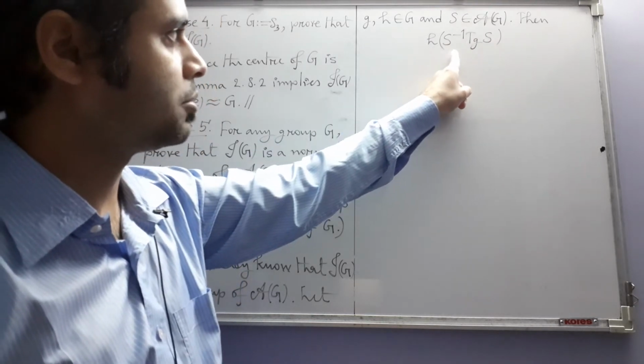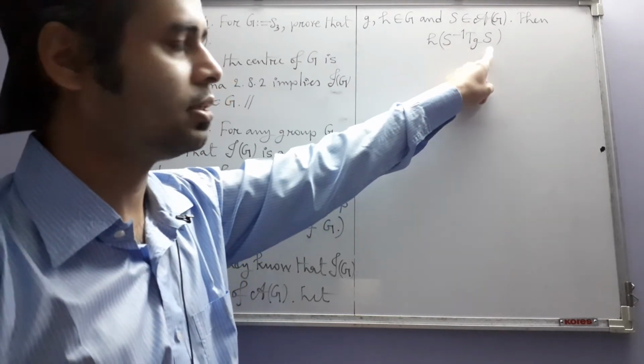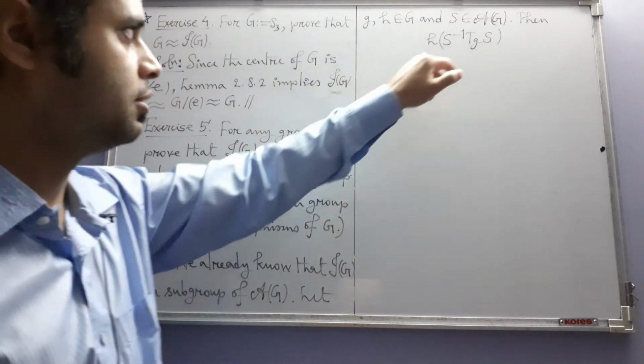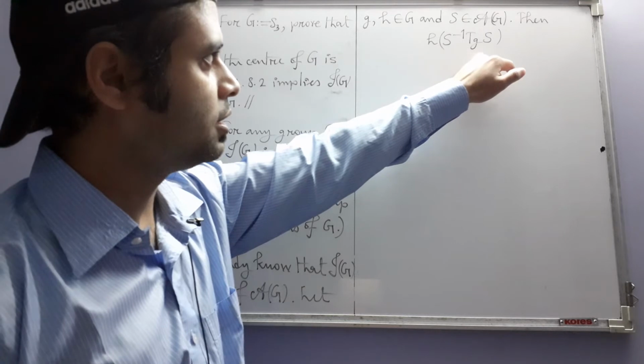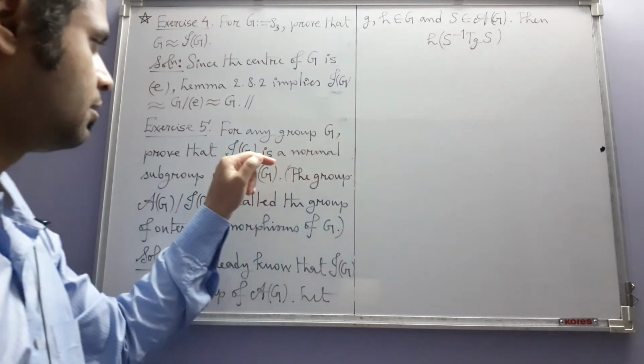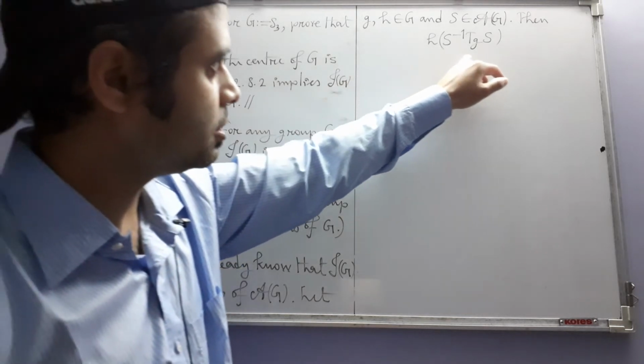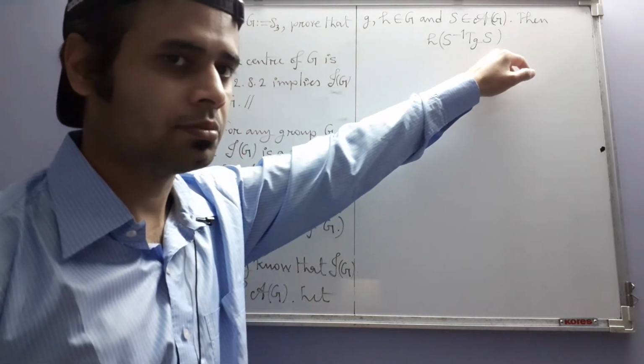So we have formed this product S inverse TG S. To show that IG is normal in AG, it's enough to show that S inverse TG S is again in IG. That is, this is again an inner automorphism.